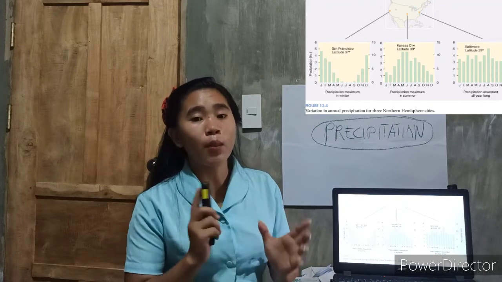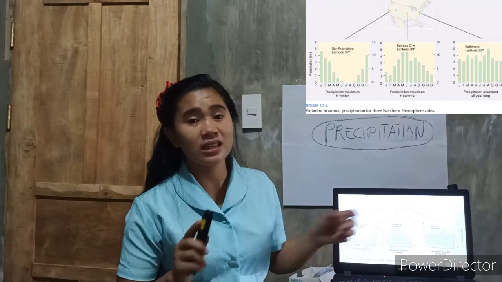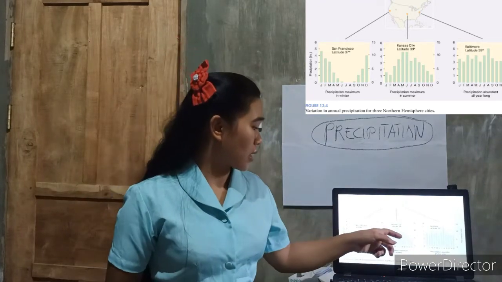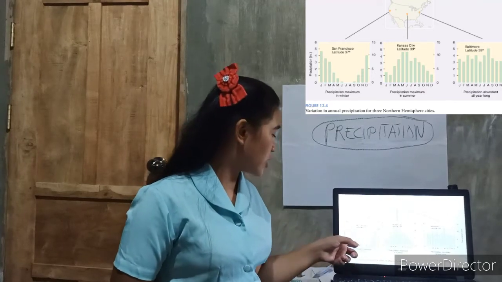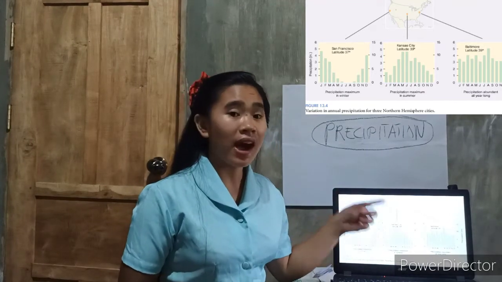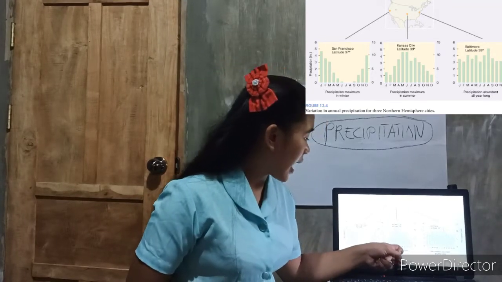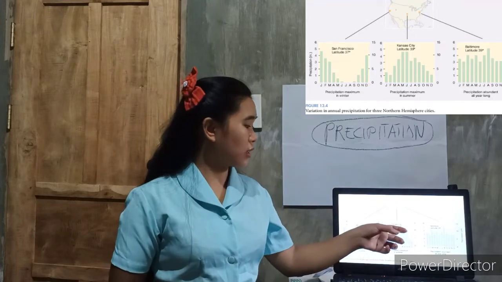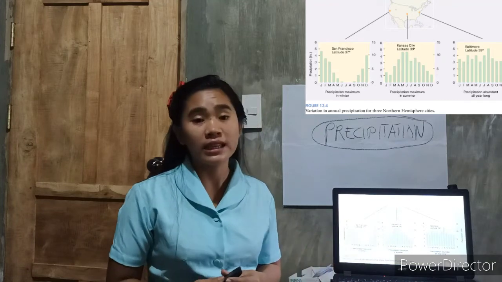During summer, there is more precipitation in Kansas City. It reaches the maximum precipitation. If in San Francisco the highest is during December and January, in Kansas the highest precipitation is during May and June. I hope you were able to see the difference between West Coast cities and the Central Plain cities.